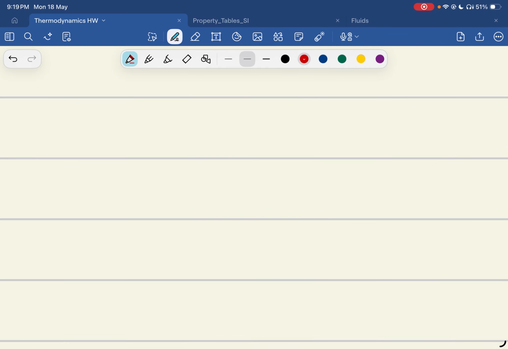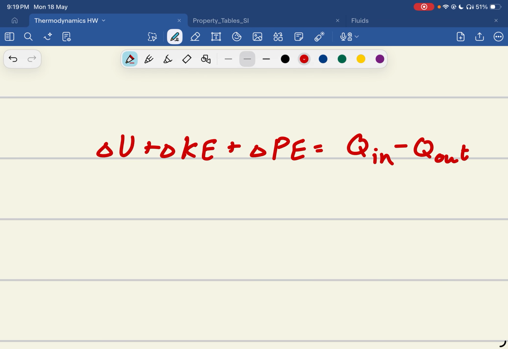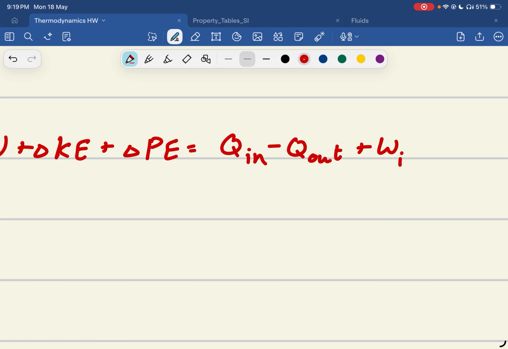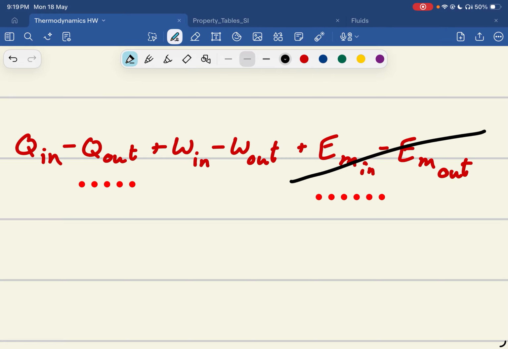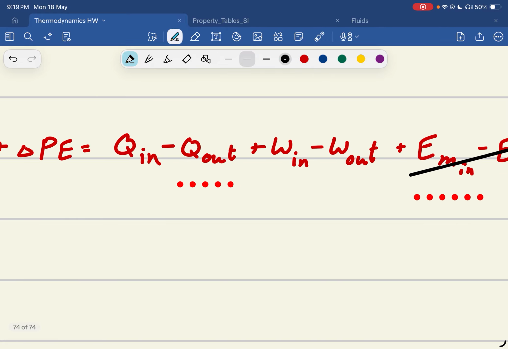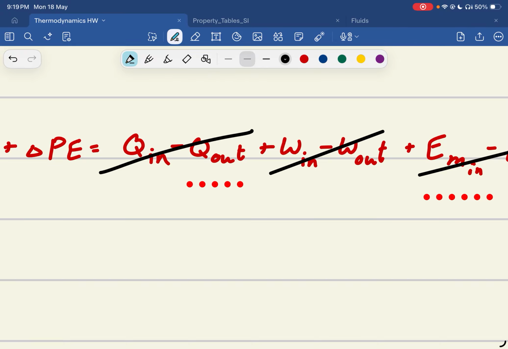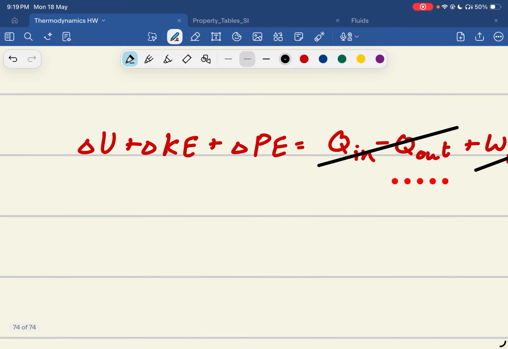Okay, so writing our energy balance, I have delta U plus delta KE plus delta PE equals Q in minus Q out plus W in minus W out. It's closed, so there's no mass flow, there's no work, there is no heat transfer, and it's stationary.